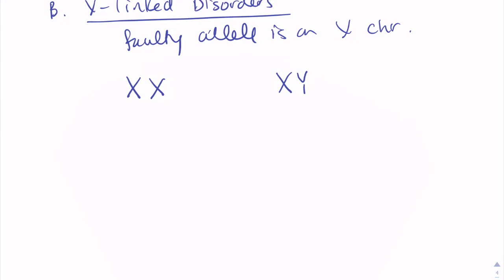There is a trait that I'm going to use as an example here, called red-green color blindness.